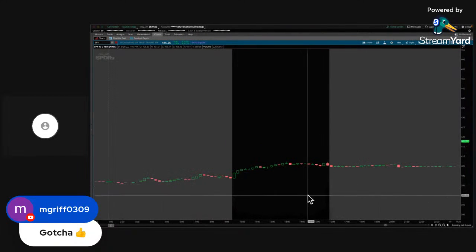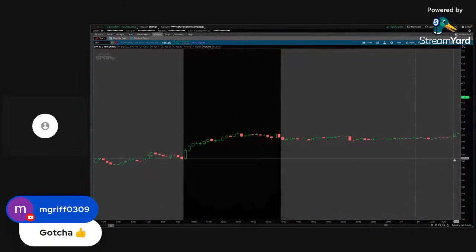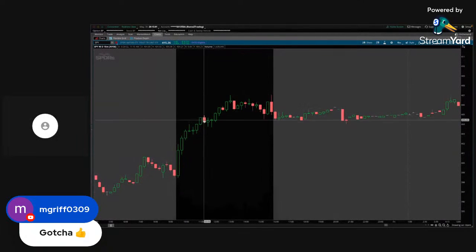If we go back to these days right here, remember, I don't have anything up on my screen right now. And when I'm looking at price actions, I want to see where there's a jump and where there's a pivot, right? So you have your top, and then your resistance, and then you have your drop. You have your top, you have a pivot right here, and you have a drop, right? So these areas right here are going to be considered price action.